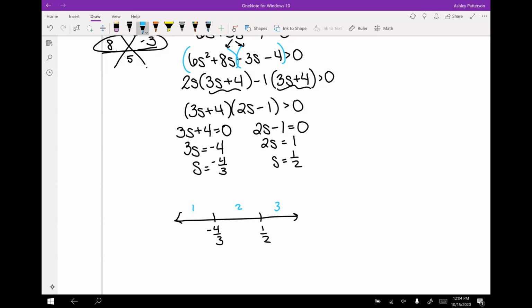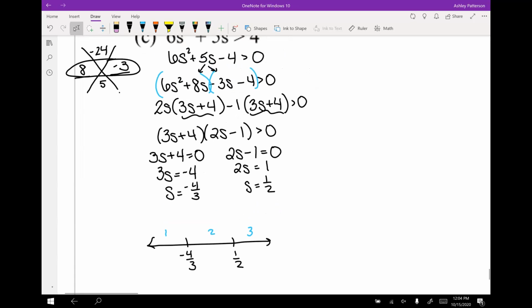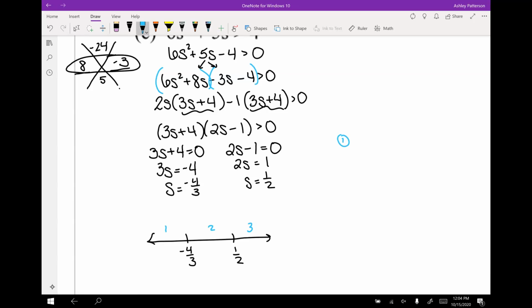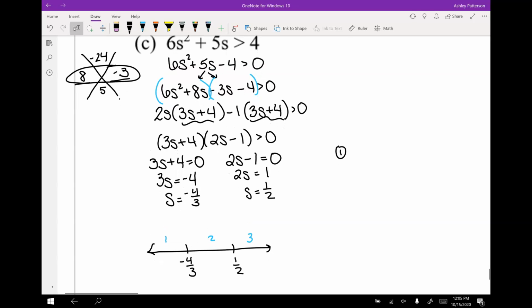So let's go ahead and, pardon me, pick a number that's less than negative 4/3 and test it. Let's see if it is. I'm going to choose negative 2. And I'm going to substitute, remember, you could do the original, the standard form, the factored form. I'm going to choose the standard form.